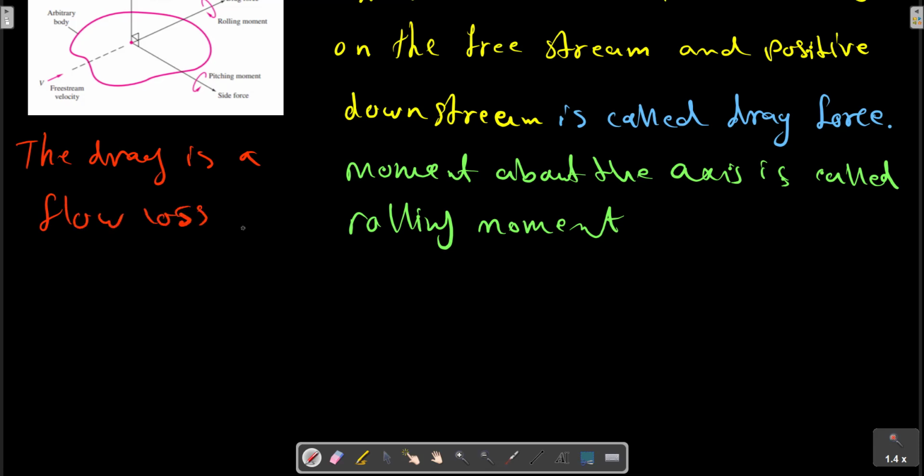A second and very important force is perpendicular to the drag and usually performs a useful job such as bearing the weight of the body. It's called the lift.